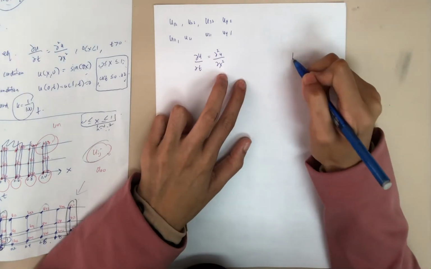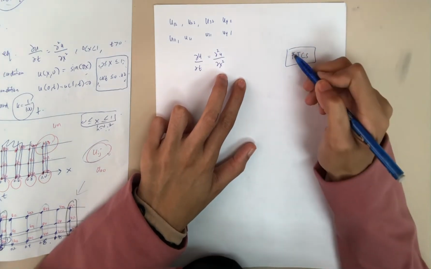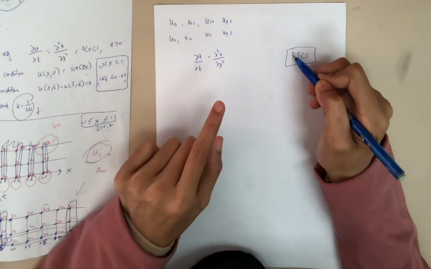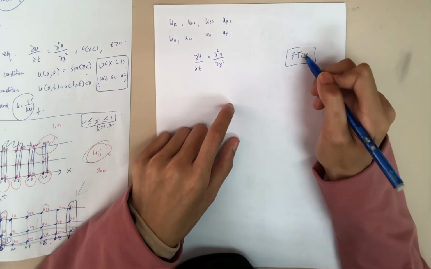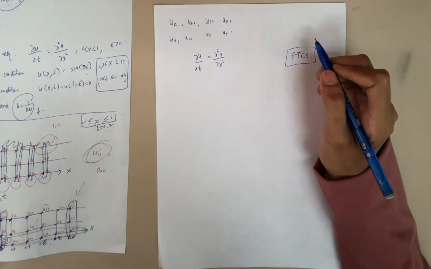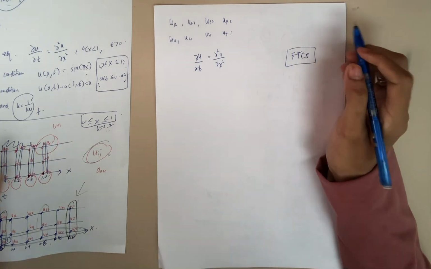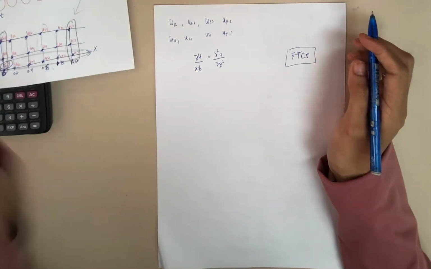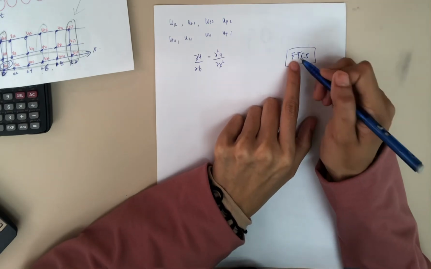Okay, so FTCS, class, FTCS stands for: F is forward, T is time, C is centered, and S is space.